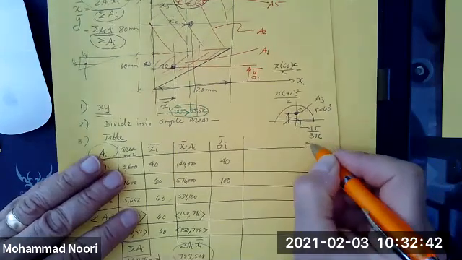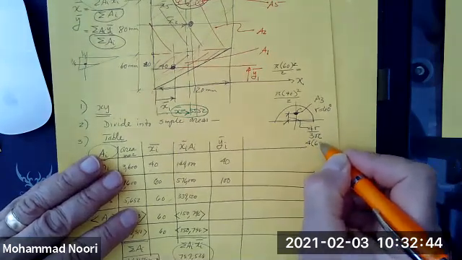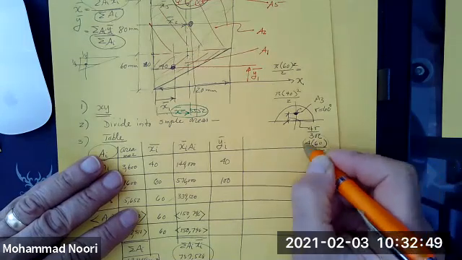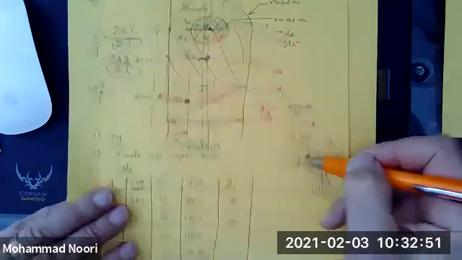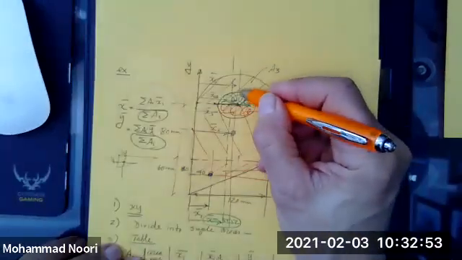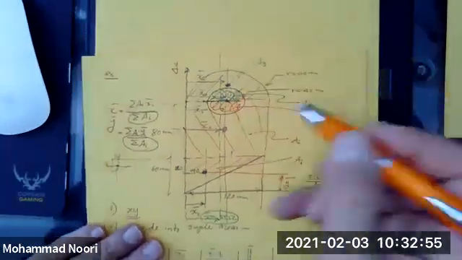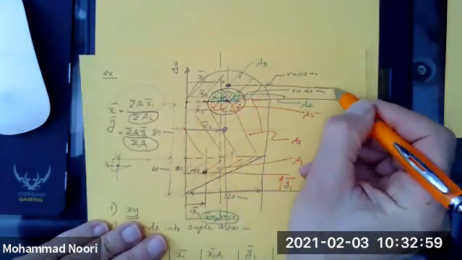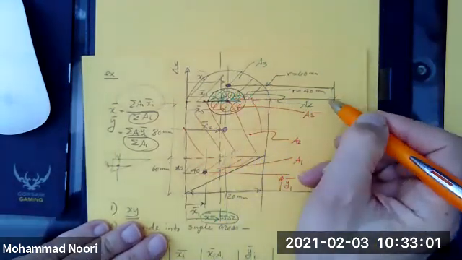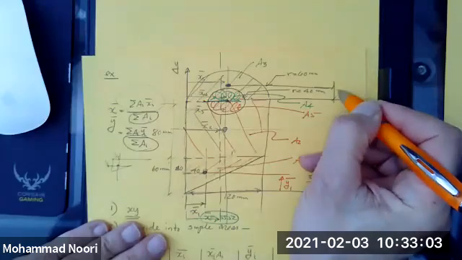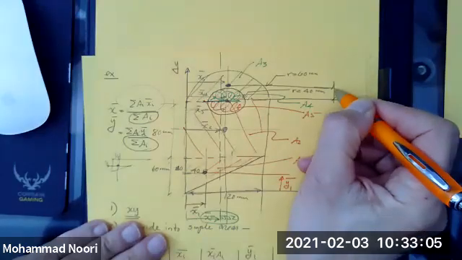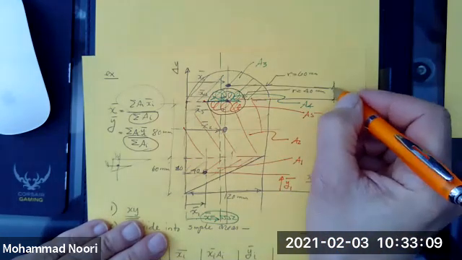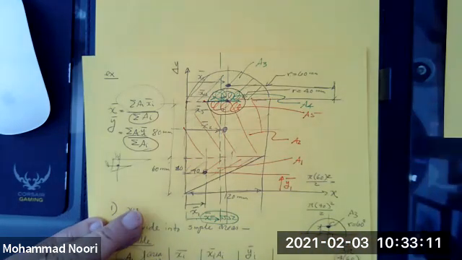That is, you need to write 4 times 60 divided by 3 pi. That gives you the distance from here to the centroid of A3, that is this distance that I need to add to this to get Y3.